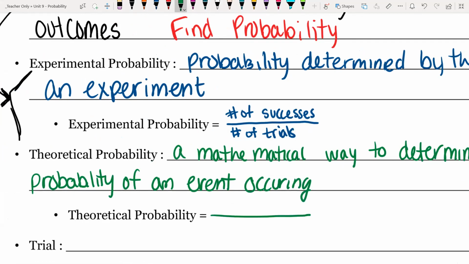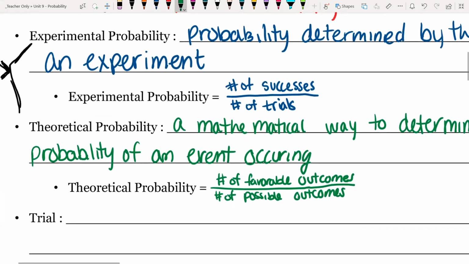So we would say the number of favorable outcomes over the number of possible outcomes. We talked about this in our last notes. Really, how many times that was true or how many times it could happen out of the number of total possibilities there are.